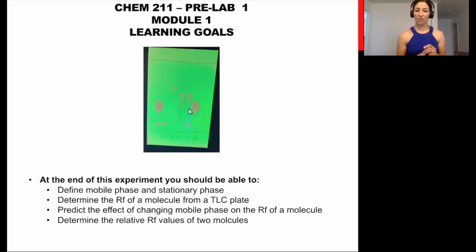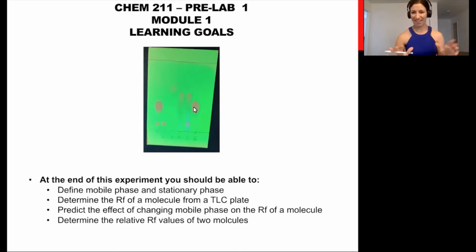We're also going to look at how we can describe where a spot shows up on the plate. This is known as an RF. And we're going to be able to look at the structure of molecules and determine what we might expect for their relative positions on a TLC plate, and how what is known as the mobile phase identity can change the position of that RF.